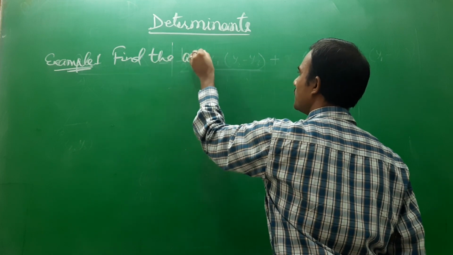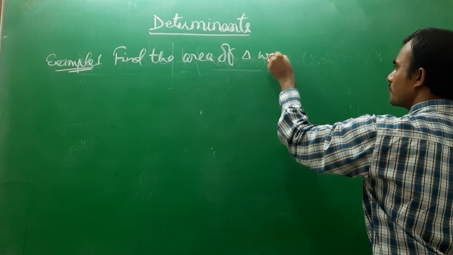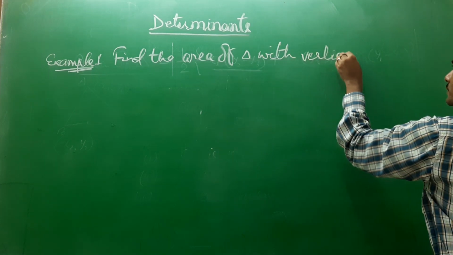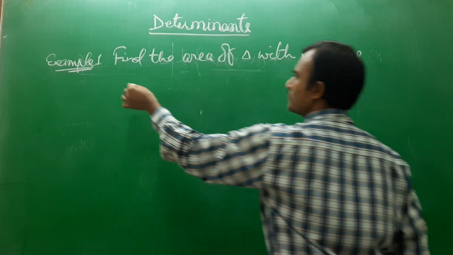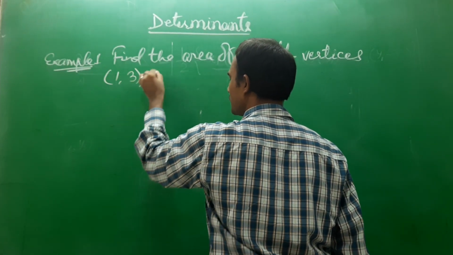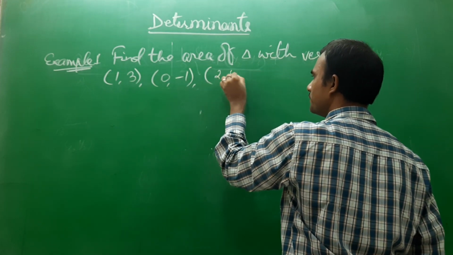Find the area of the triangle with vertices, you can select any vertex, (1, 3), (0, minus 1) and (2, 5).